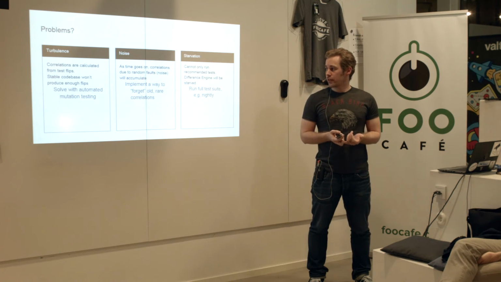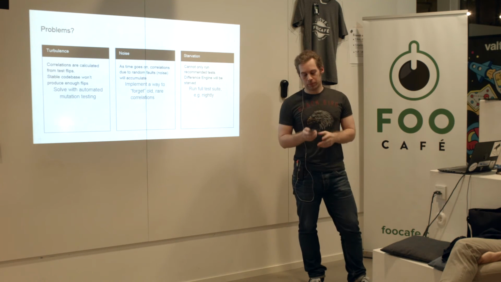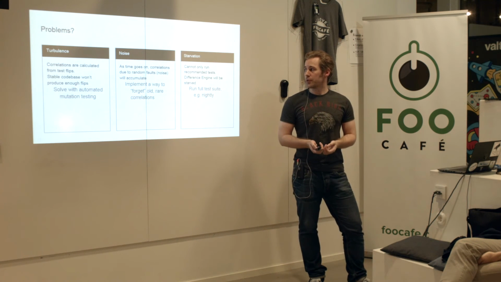This can be solved with automated mutation testing, though. That is, you knowingly introduce faults in your code to make tests fail, and then you have flips, and then you can provide the difference engine with flips that become correlations.